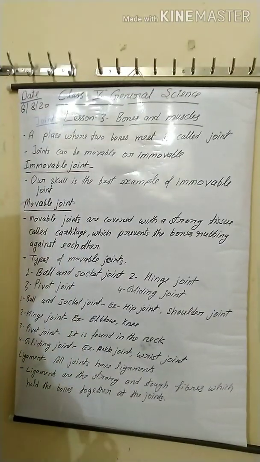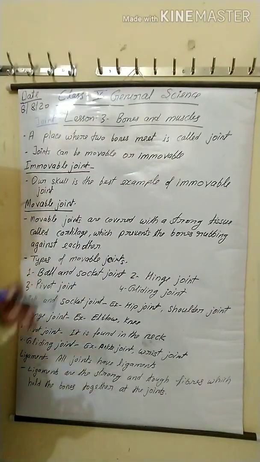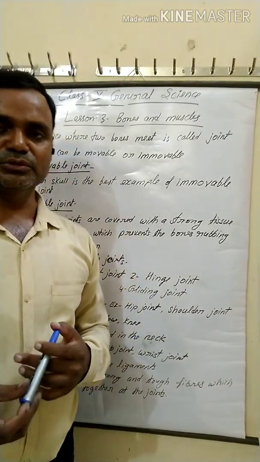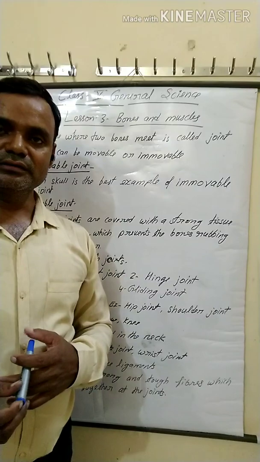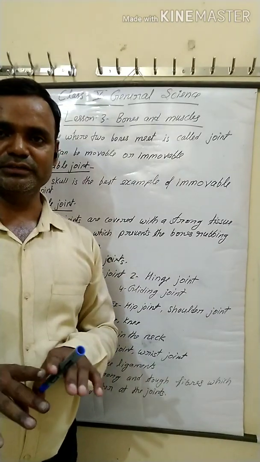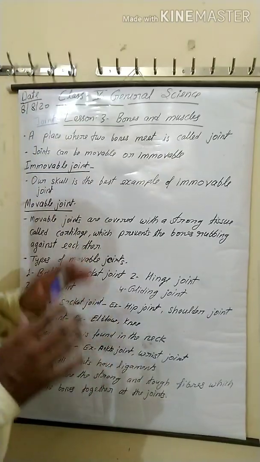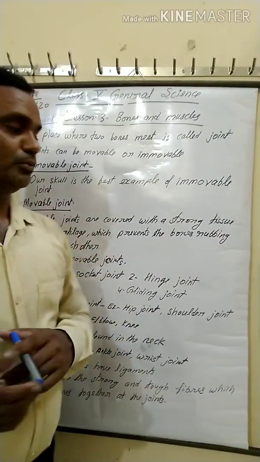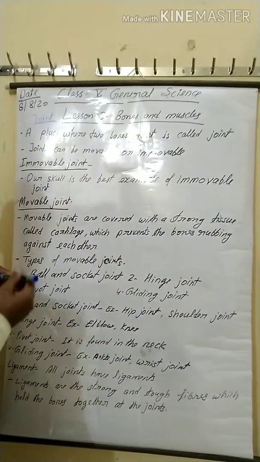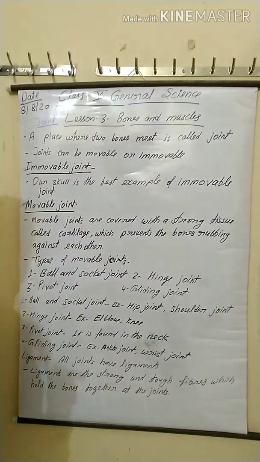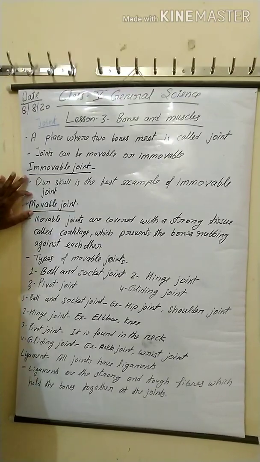First, immovable joints. Immovable, or fixed, joints are found in our skull. The bones of the skull are joined together with fixed joints. Only the lower jaw can move. Now movable joints, which means such joints can move.